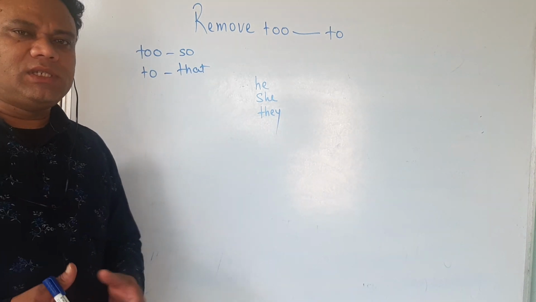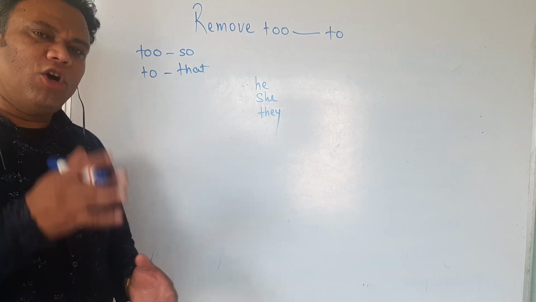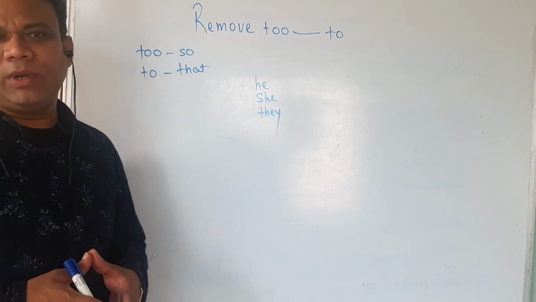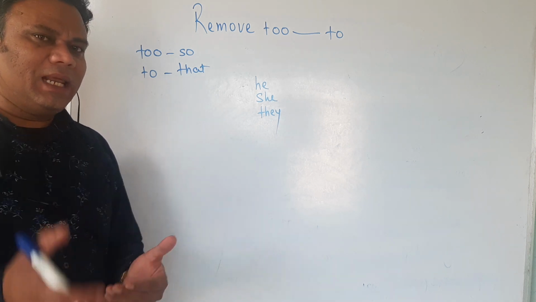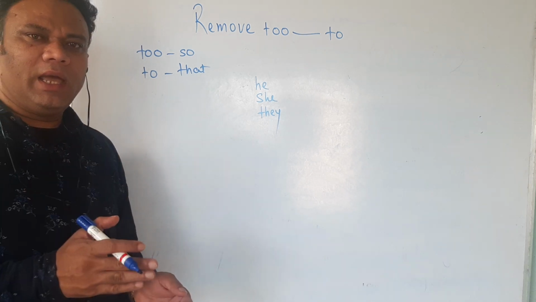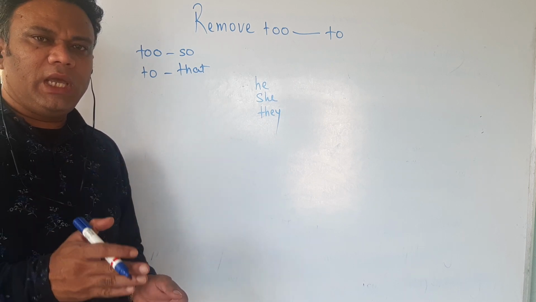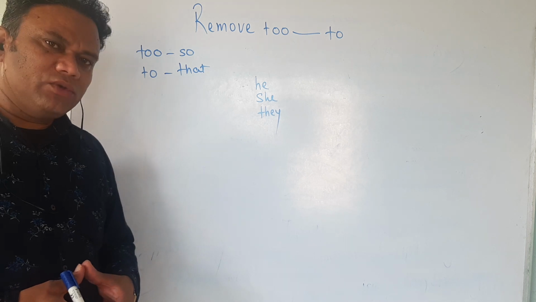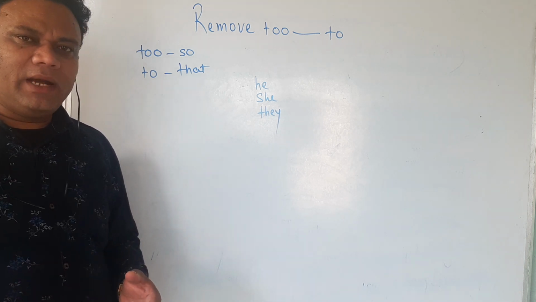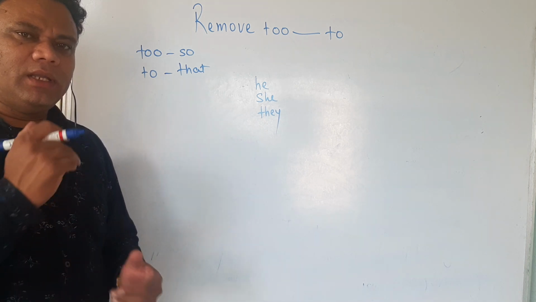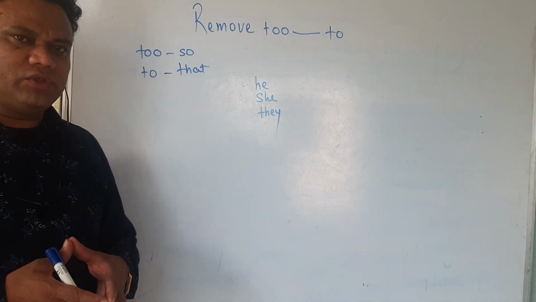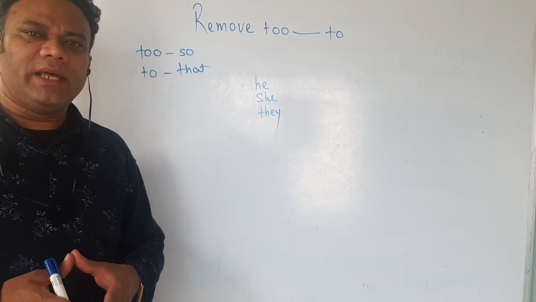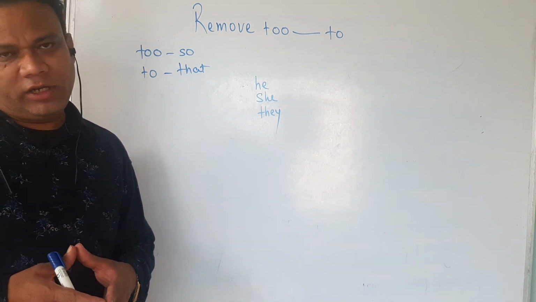Sometimes what happens, at the place of the subject already a pronoun is given. In question tag also I had explained which are the pronouns. Once again I'll repeat that: I, we, you, he, she, it, they. These are the pronouns. So if you find that one of these is the subject, then the same pronoun you have to use. But sometimes, in the given sentence, the doer of the action is not there.